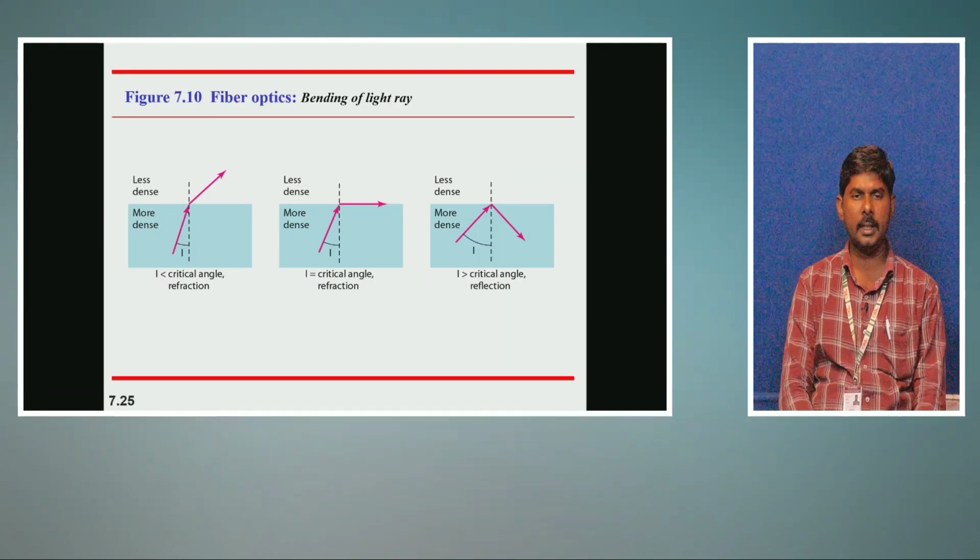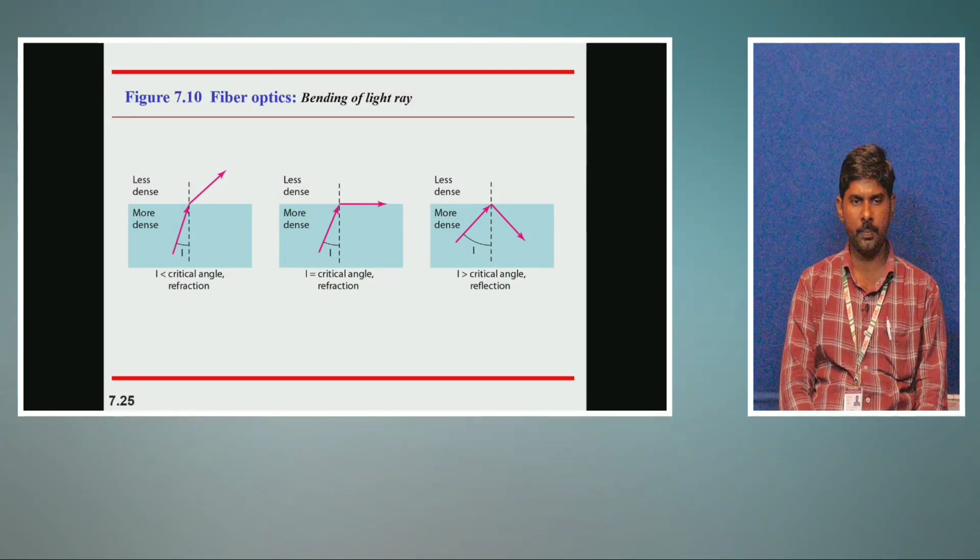Then the next category of data transmission is the optical fiber cable. We already learned in the intermediate classes that whenever light travels from one medium to another, at the edge of the two media there is a bending of the light ray.